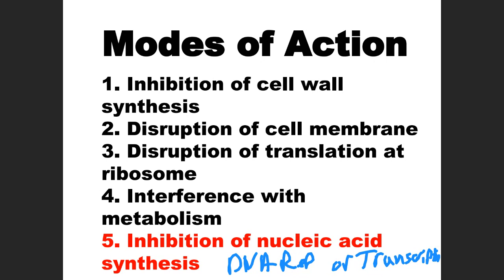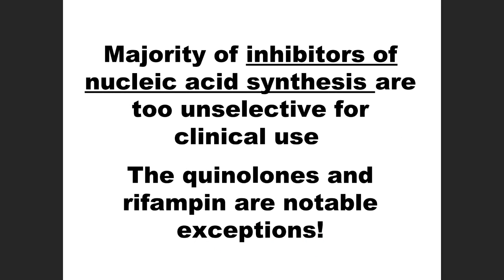And in transcription, we're talking about the process of converting DNA into RNA. The problem with a lot of these types of antibiotics is that, especially the very first ones that were produced, they were pretty toxic. The reason is that a lot of the enzymes that bacteria use to do these things, we have them too.